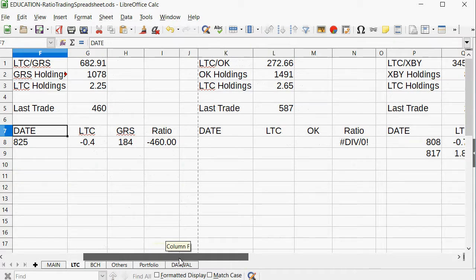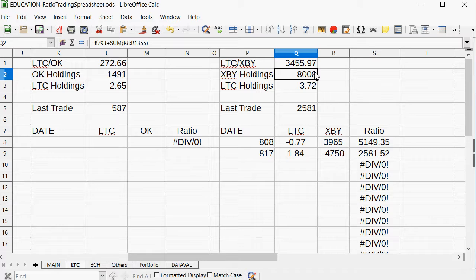Let's make sure that this is right. This is XBY is column R, correct. Column Q for that is correct as well. So owning 8,000 here, let's go like 6,000, 5,700.